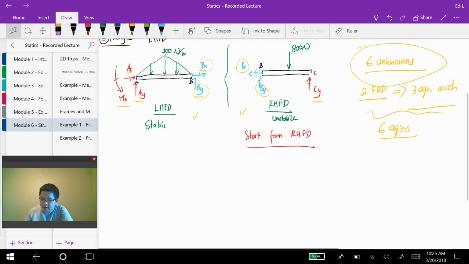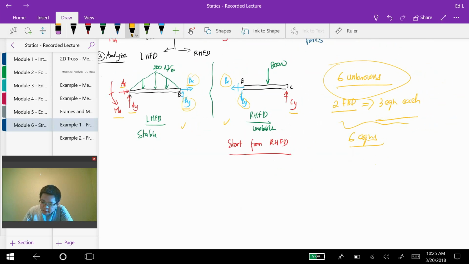So let's continue. We start from the right hand free body diagram, and we take the sum of the moments at B. When I take the sum of the moments at B, there's no contribution from Bx and By, and the only contribution is from Cy. The distance given in the problem is 4 meters, and this causes counterclockwise rotation about point B, so it has a positive sign.